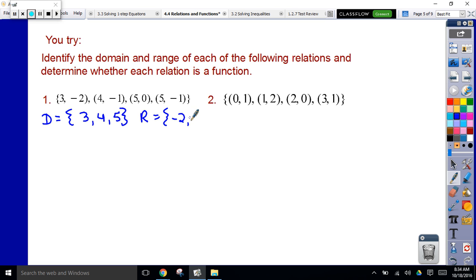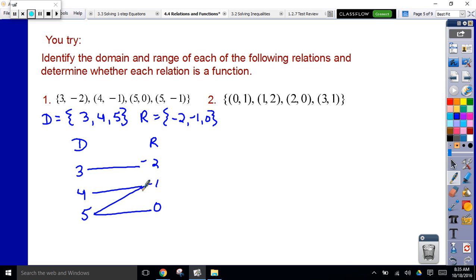Good. Okay, then let's do the mapping. So we have 3, 4, and 5. Range is -2, -1, 0. 3 goes to -2. 4 goes to -1. 5 goes to 0. 5 goes to -1.